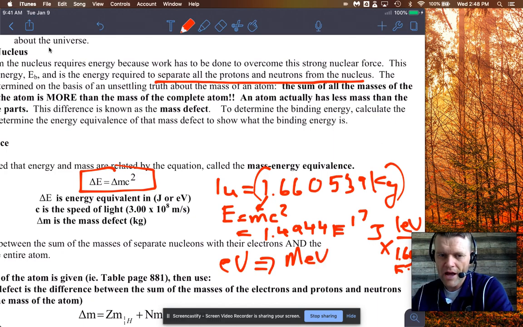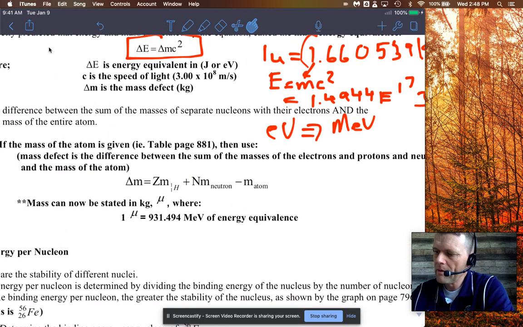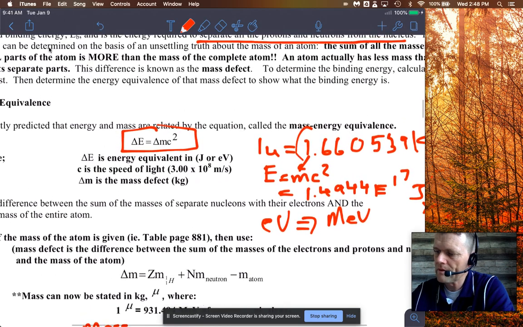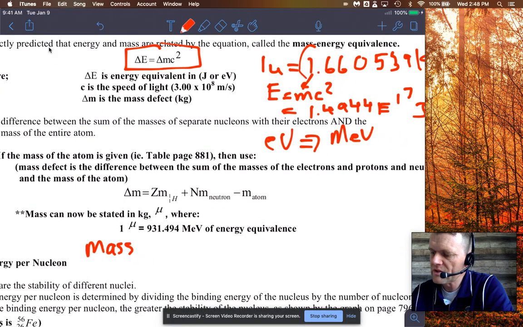And if we do that, then you get this number. I have it actually written down right here. One atomic mass unit, this is mass, is equal to 931.494. For our purposes here, I'm fine if you just use 931.5 MeV.